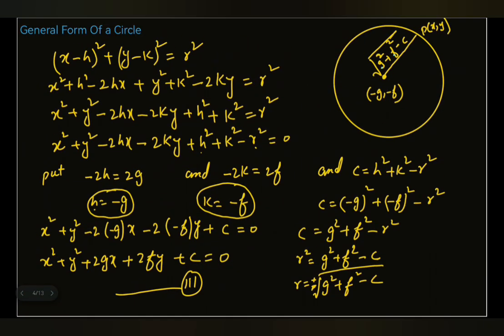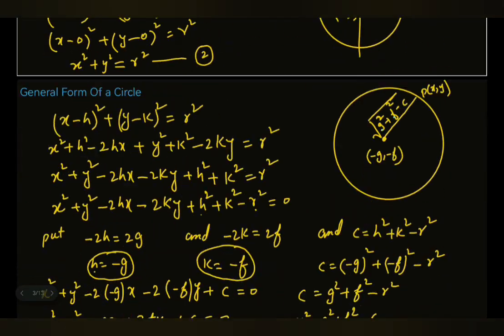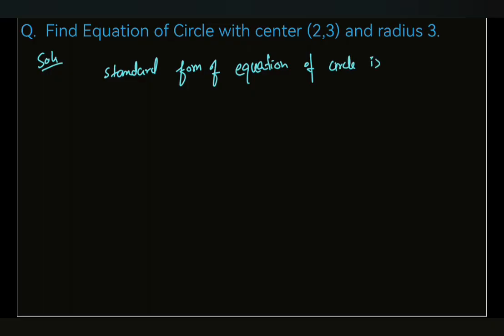Let's come to the other question: find the equation of a circle with center 2, 3 and radius 3. Here we use our first equation of a circle, that is the standard form of equation of a circle. The standard form of equation of circle is x minus h whole square plus y minus k whole square is equal to r square.